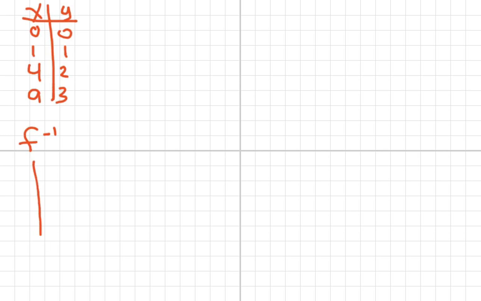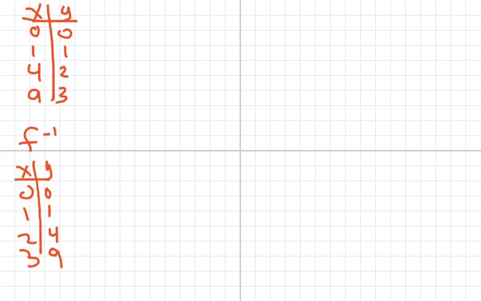So I'm going to go ahead and write the values here. We had 0, 1, 4, and 9, which is 0, 1, 2, and 3. So that's your f, and f inverse is where you switch the x and the y. So it's 0, 0, 1, 1, 2, 4, and 3, 9.